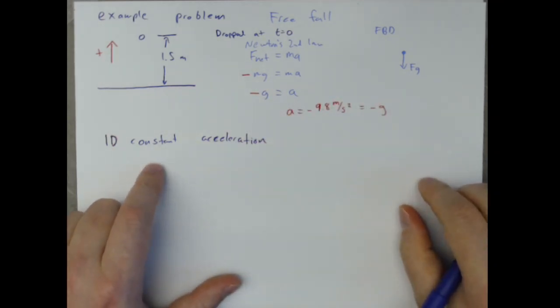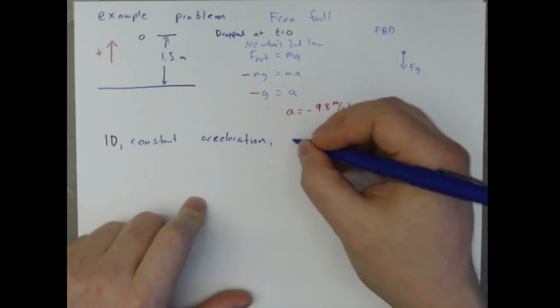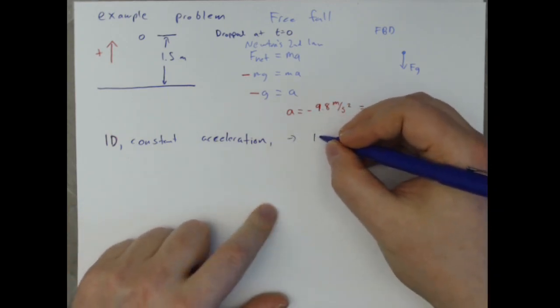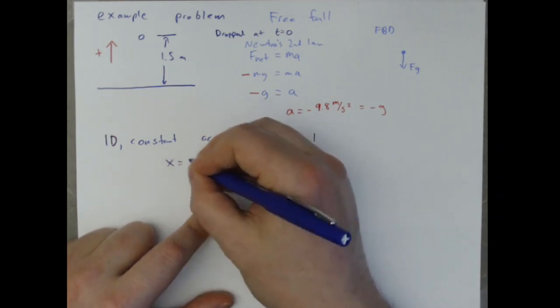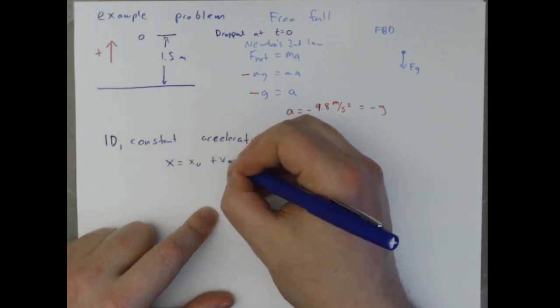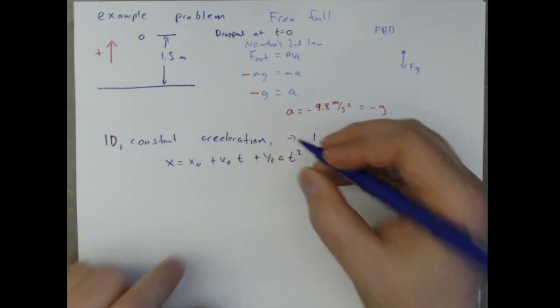So, one-dimensional, constant acceleration. So this lets us use the kinematic equations we had talked about previously. x equals x naught plus v naught t plus 1/2 a t squared.